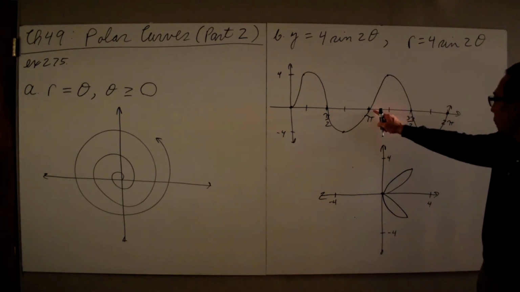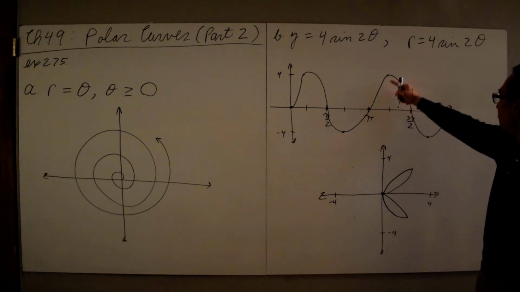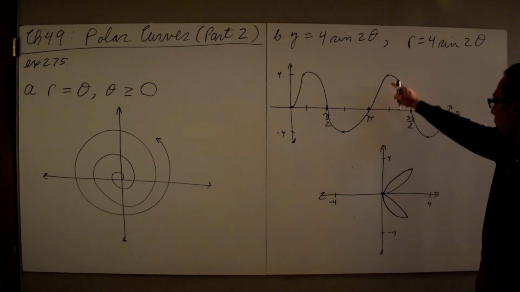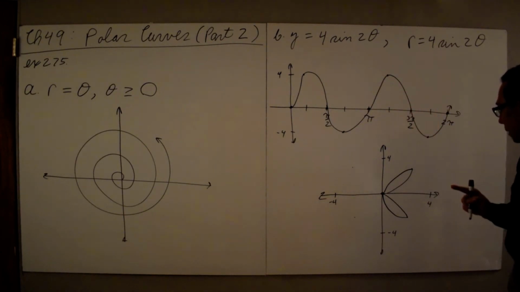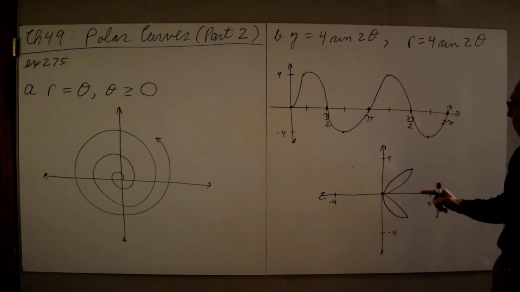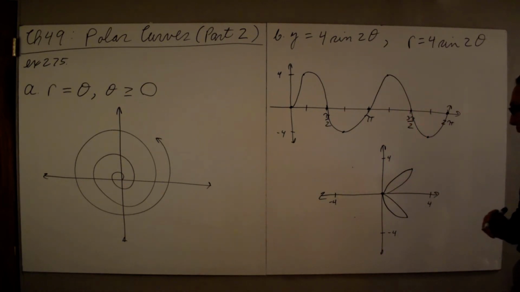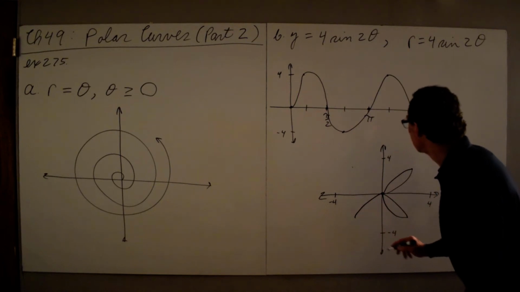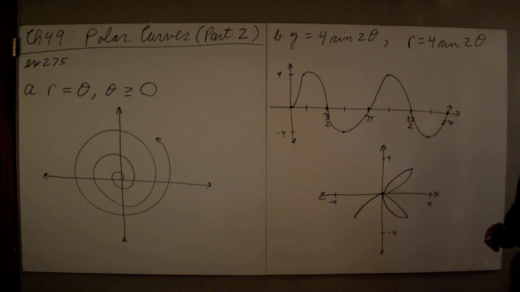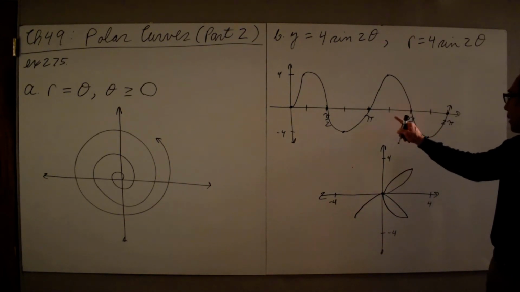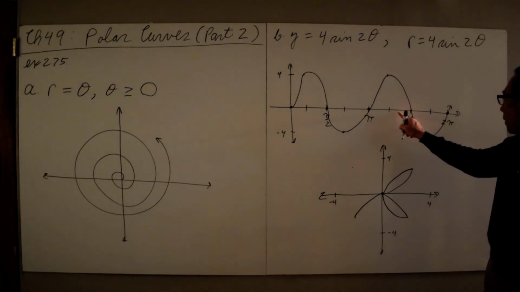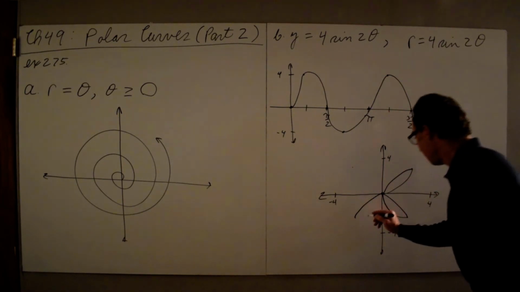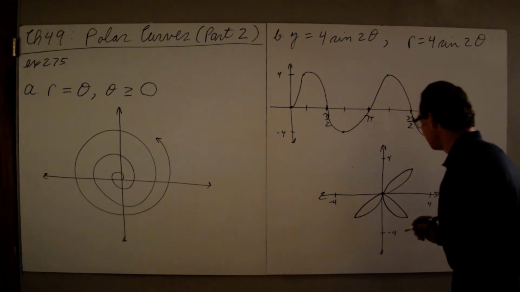As theta goes from pi to 5 pi over 4, r goes from 0 to 4. So the point 5 pi over 4 is right here. Then, as theta goes from 5 pi over 4 to 3 pi over 2, r goes from 4 to 0. So r comes back here.